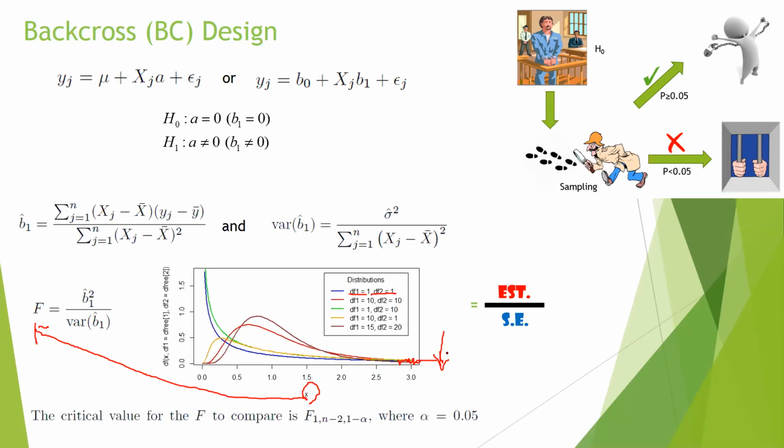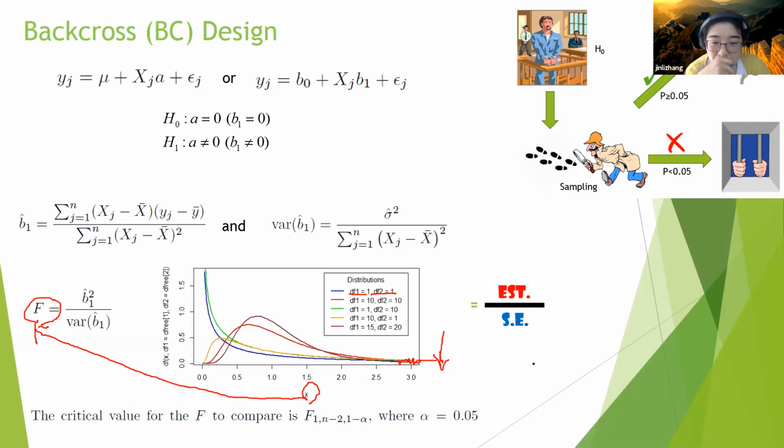In other words, the greater the F value, the smaller the p-value, and then you're going to reject the null hypothesis, and this gives you strong evidence of association between the locus and the phenotype. So any questions? Any questions so far? Good, very good.